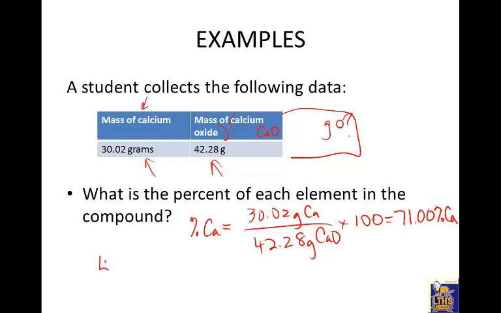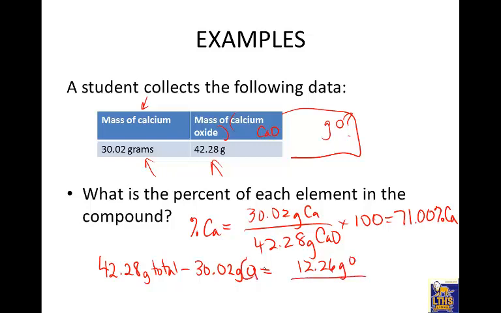Well, you do know grams of O, because 42.28 grams total minus the 30.02 grams of calcium tells you that there's 12.26 grams of oxygen. I said oxygen. This was calcium. Woohoo, calcium. Then 12.26 over 42.28 grams of calcium oxide times 100 gives us 29.00% oxygen.